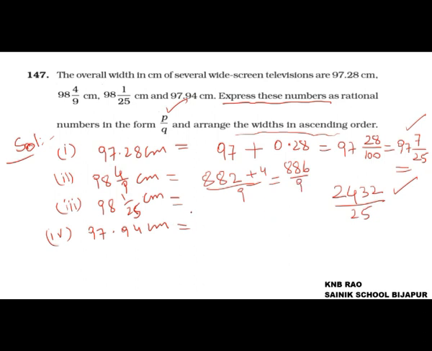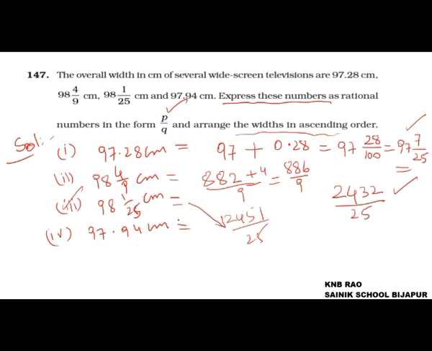Next, 98 integer 1 by 25. Similarly, you convert it. 98 25s are 2450, plus 1. So 2451 by 25 is the value.